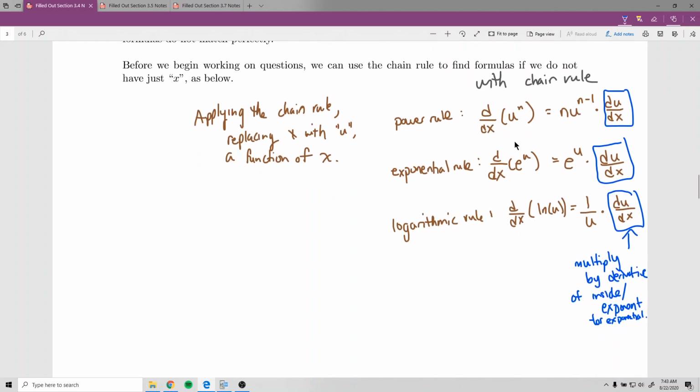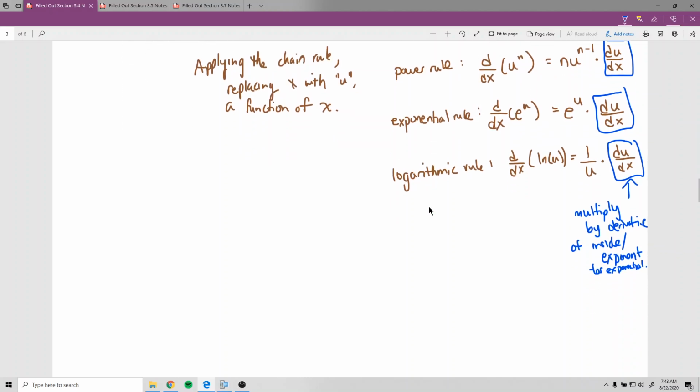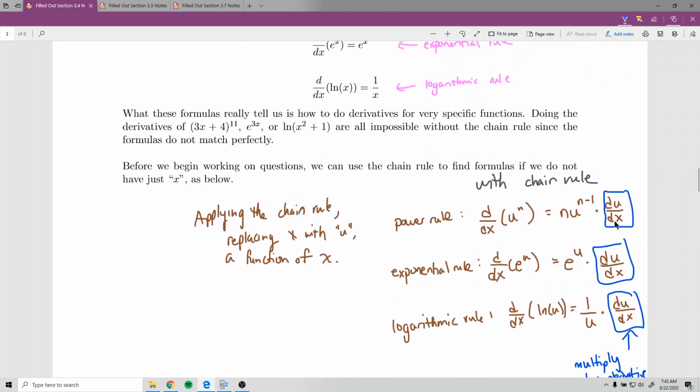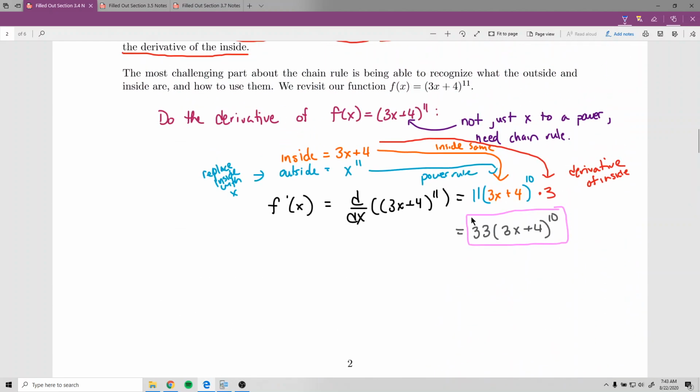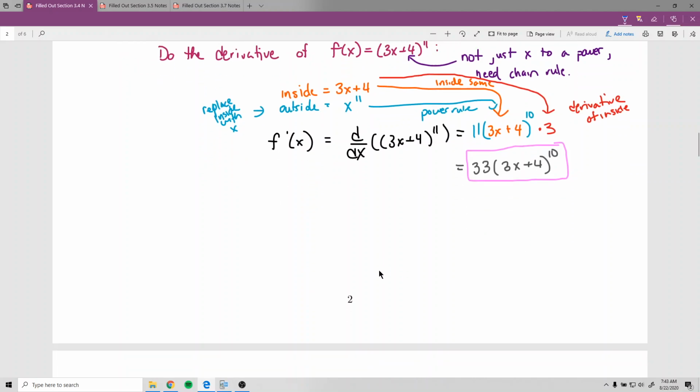Okay, so that's all the chain rule is going to say, and now we'll do some more examples. But you can see how we actually used this rule exactly before. We had the derivative of our normal power rule at the beginning, just keeping the inside the same. And then we multiply by the derivative of the inside. That's how it's going to work.